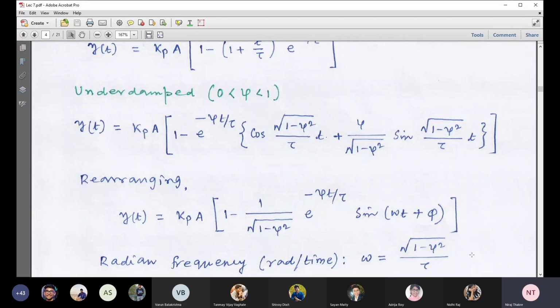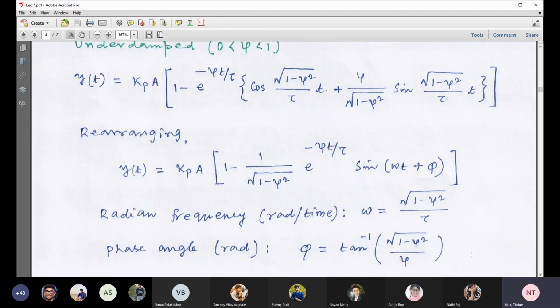Omega is the radian frequency, and phi is the phase angle.